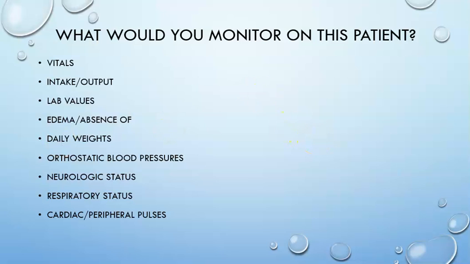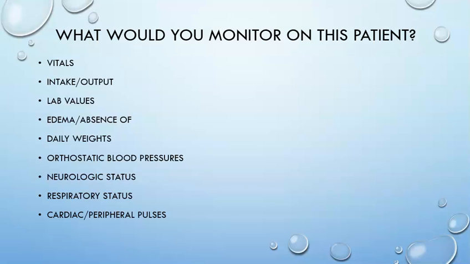Orthostatic blood pressures, we've discussed these before. These can be indicative of a patient at risk for a syncopal episode. When we go to measure orthostatic blood pressures, remember that we first measure the patient's blood pressure with them laying flat, and then we'll sit them up in the bed or in the chair and measure their blood pressure sitting up, and then we'll measure their blood pressure standing.